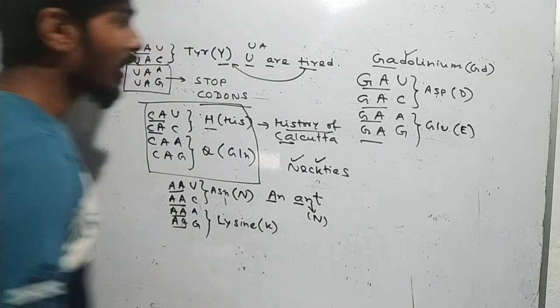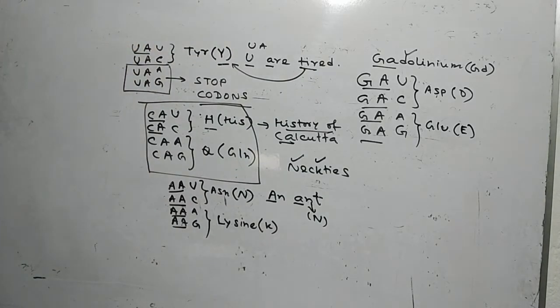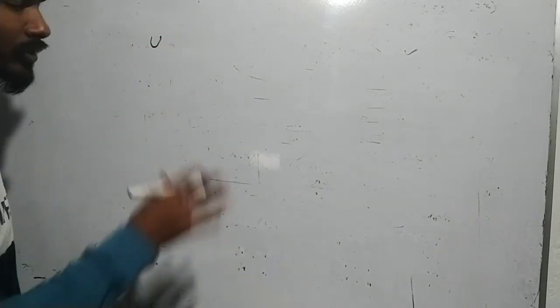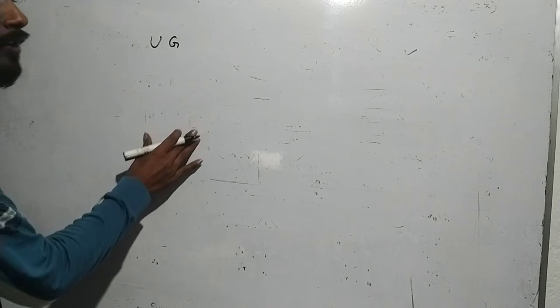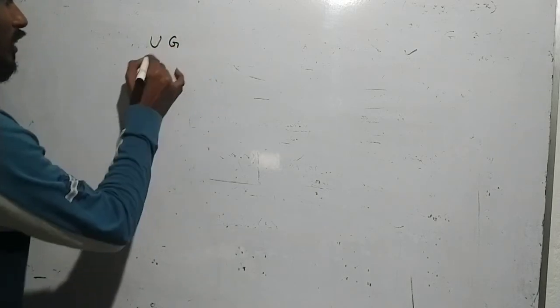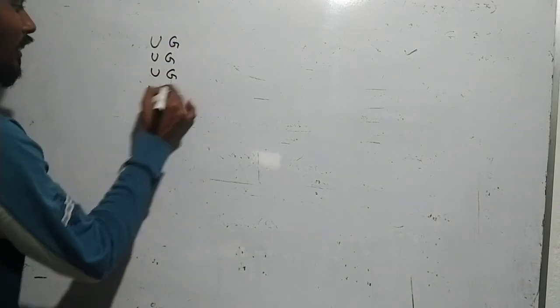Okay, now after that we will be going for the last column and the first row. Now the first letter will be U, as I have written in the chart, and the second letter is going to be G because it is the column of G. Okay, so it is the column of G. So UG, then you have UG, UG, again you have UG.